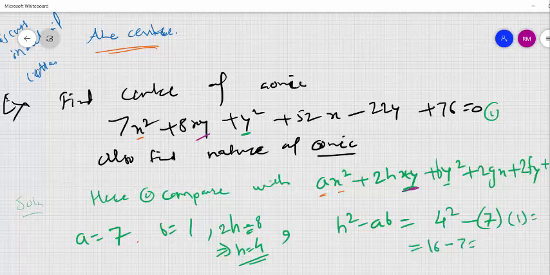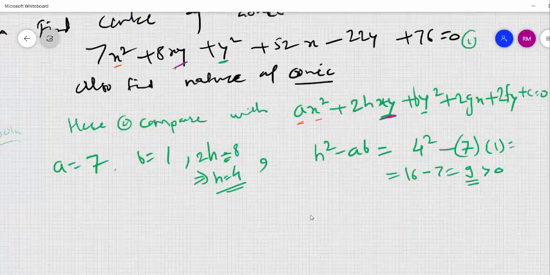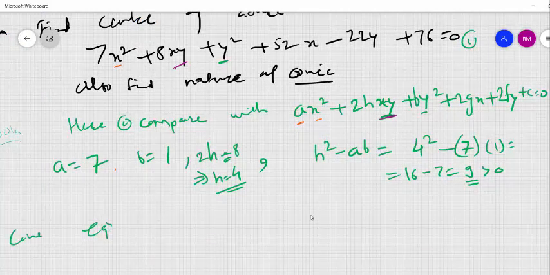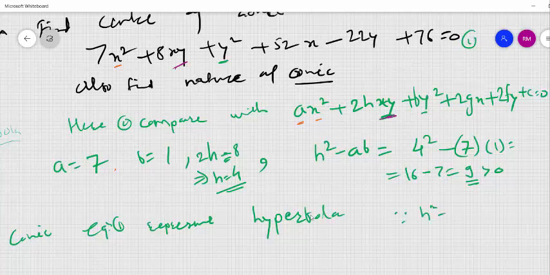So 16 minus 7, that is 9, and that is positive. So this implies hyperbola. Conic equation 1 represents a hyperbola because h square minus ab is greater than 0. If it is less than 0, then ellipse. If equal to 0, then parabola.